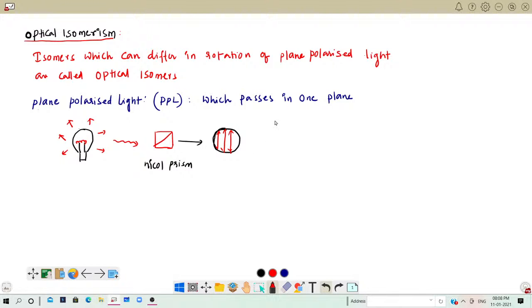Now this is called plane polarized light.